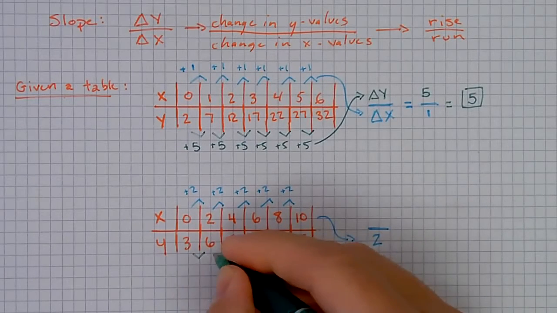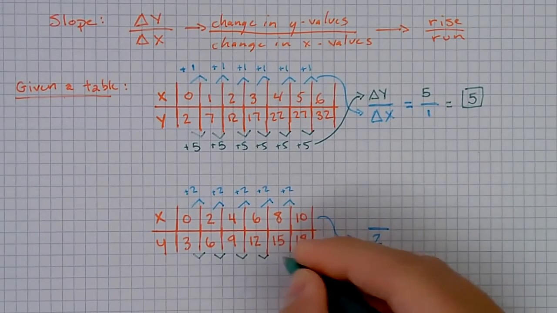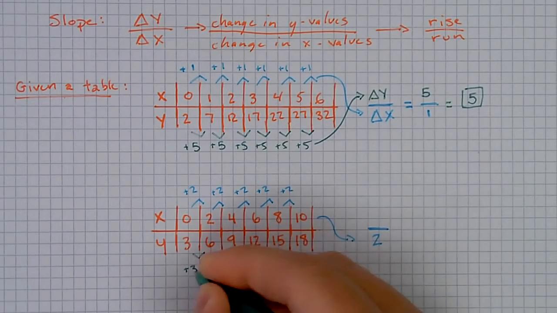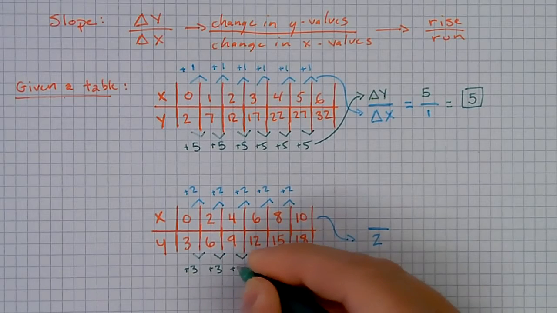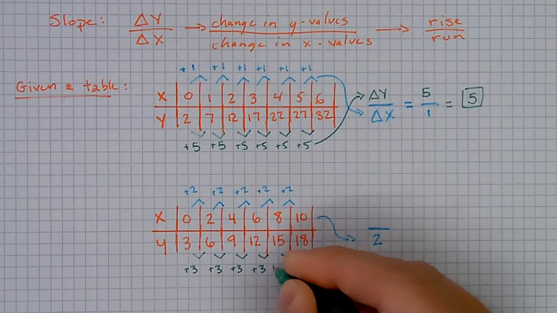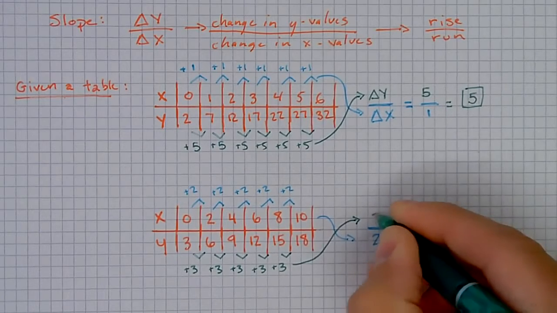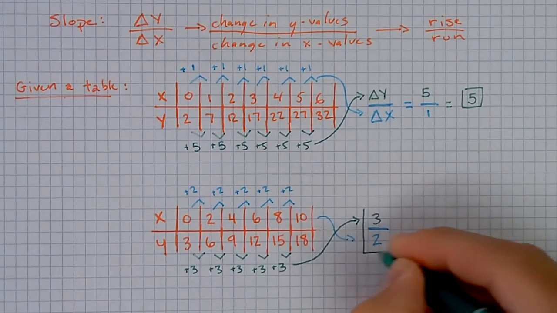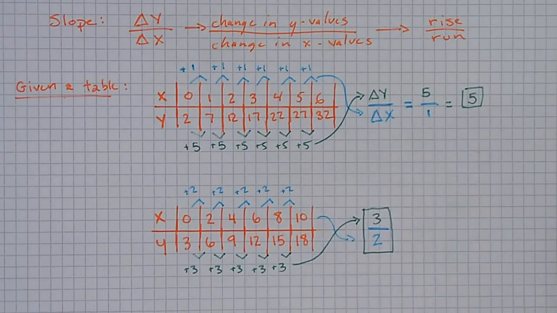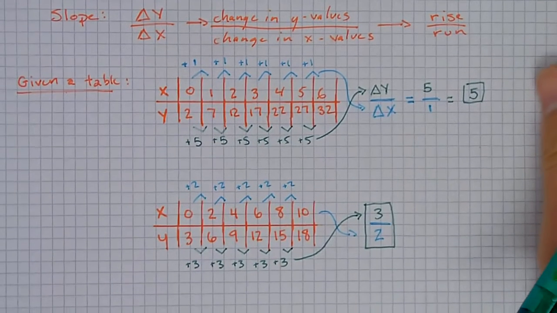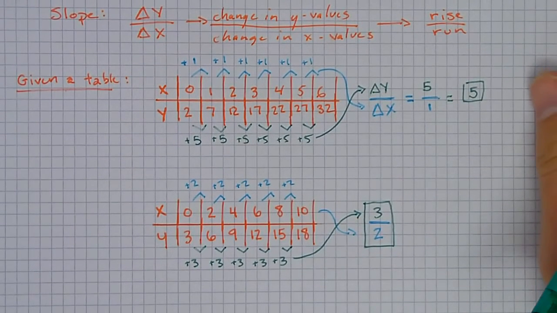Our y values are then increasing by 3. So we'd have a slope of 3/2.